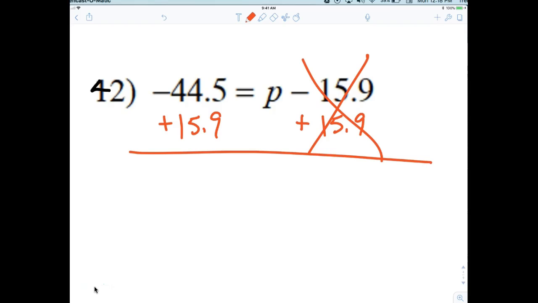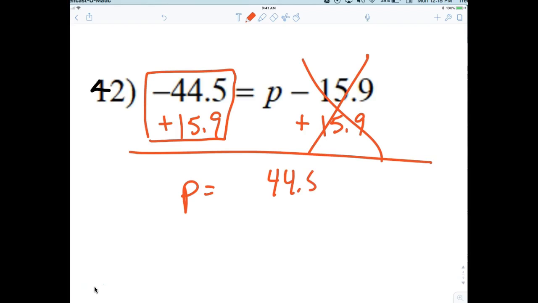So now I have a problem here. Am I going to add or subtract? Now it's kind of annoying because I do have to borrow, if you want, or you can pay attention to my explanation. P is equal to 44.5 minus 15.9.